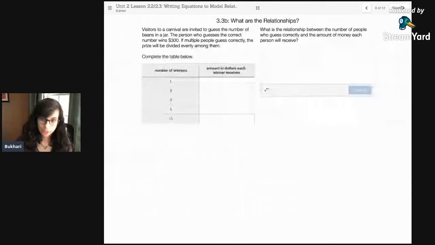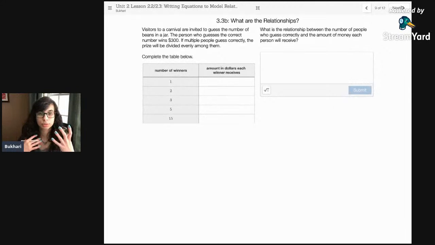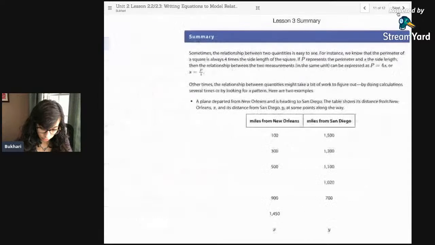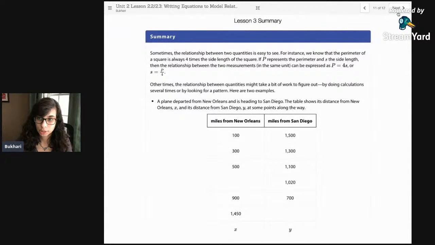And so in the last one, now I gave you a situation. I want you to complete the table. And so you slowly want to build the connection between all of these relationships. And if you ever get stuck and you don't want to go back and watch the whole video, the lesson summaries at the end are very helpful in explaining what this relationship is.